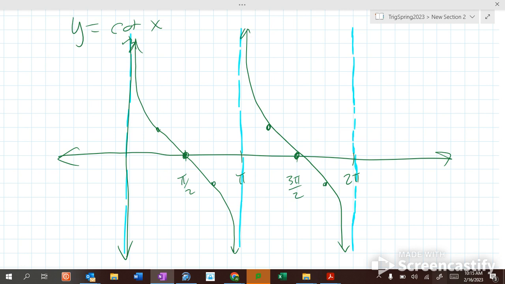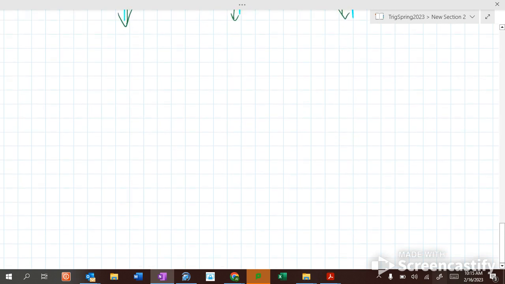So let's say I have y equals cosecant of x plus 1. And this is the one that tends to kill people on a yearly basis. It's a cosecant graph just done what to it? Moved up 1.